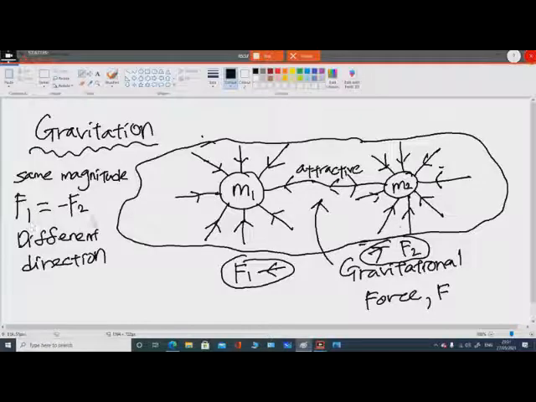So this is how we determine the magnitude and direction of the force between two objects.